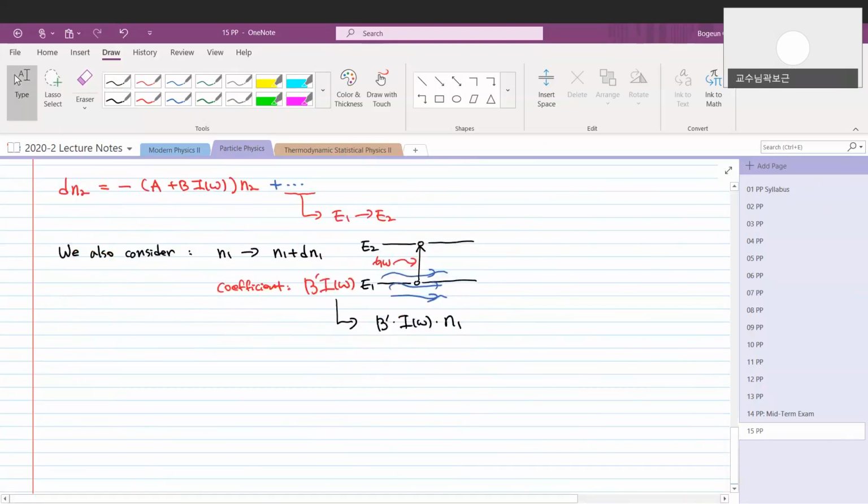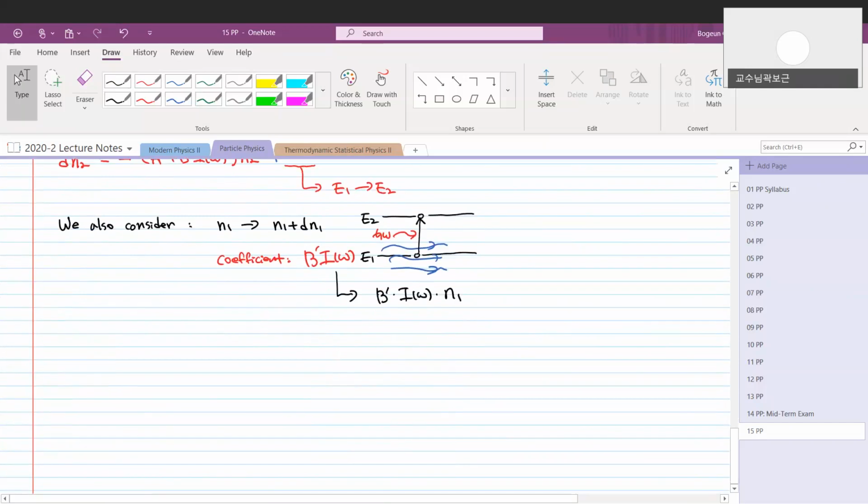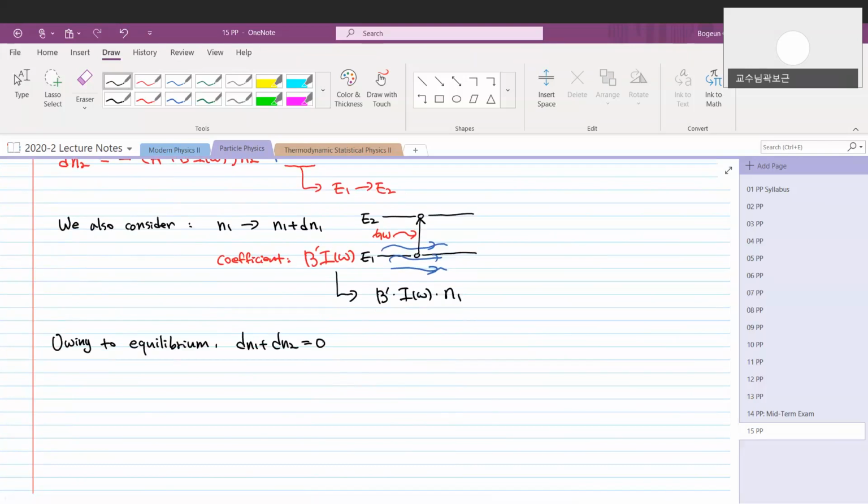So now we consider the equilibrium state. If the changes from E1 to E2 and from E2 to E1 are the same as each other, then the system will be in equilibrium.